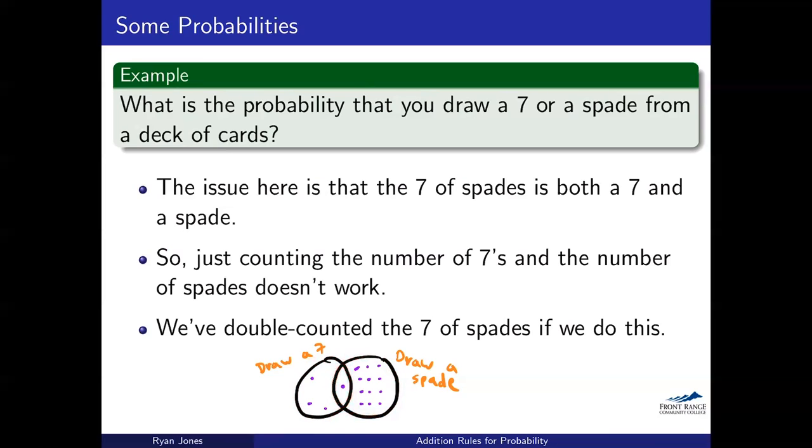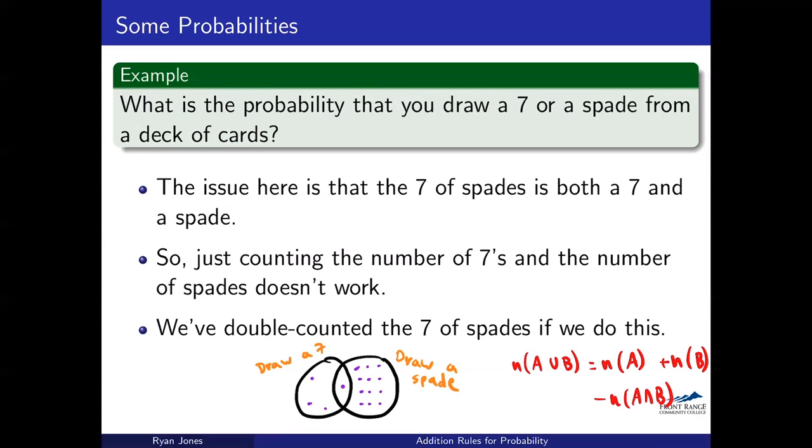We saw this in the format of this formula: n of A union B is equal to n of A plus n of B minus n of A intersect B. And so with that, we have a very similar formula here.